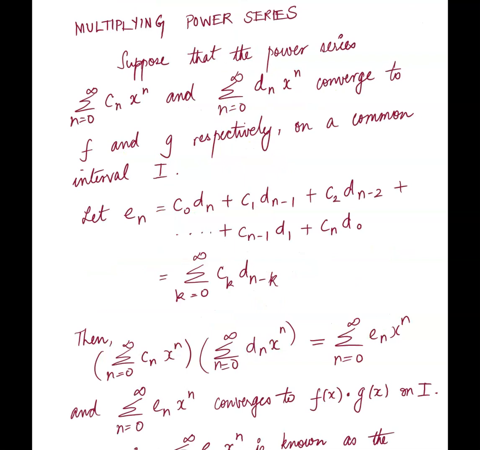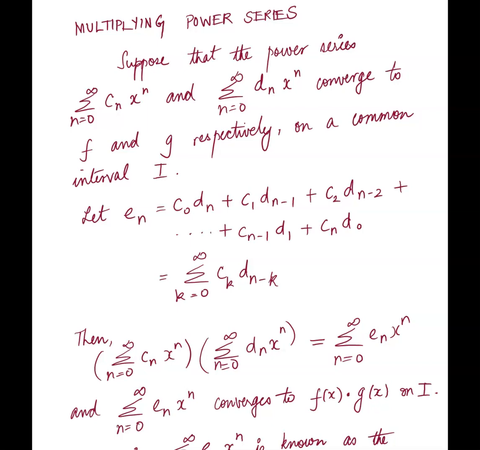Multiplying power series. Suppose you have two power series, Cn x^n and Dn x^n, and they converge to f and g respectively on a common interval I. Then En, we would define En to be a combination of the C and the D, right? So En is C0 Dn plus C1 Dn-1 plus C2 Dn-2 and so on, and it ends with Cn D0.